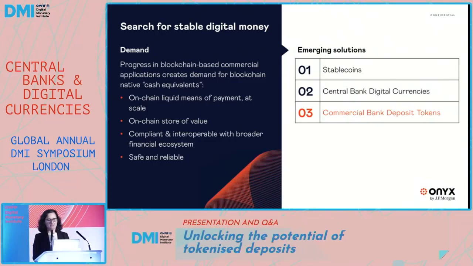We estimate that using digital forms of money, such as mCBDCs, can reduce costs by 80%. By extension, we estimate that commercial bank money tokens in digital form can replicate similar savings.